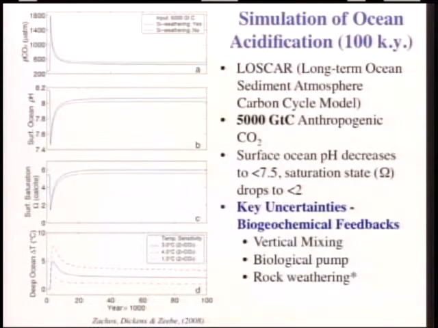The biological pump might also be affected with global warming. And then there are things like rock weathering. These are all feedbacks, important biogeochemical feedbacks, that are almost certainly going to impact the ability of the ocean to take up CO2 and ultimately how that affects ocean pH.